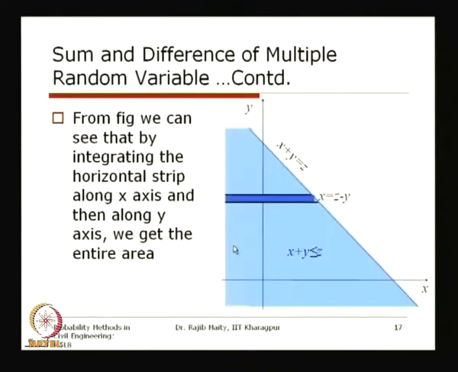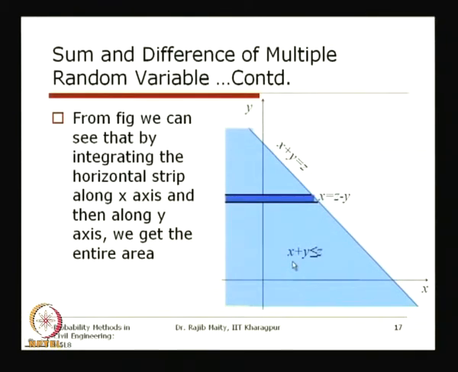This is only one possible case that we have shown. The integration could also have been done taking a vertical strip. In this vertical strip, you have to do the integration with respect to y first, and in that case the range will be from minus infinity to y equals z minus x.